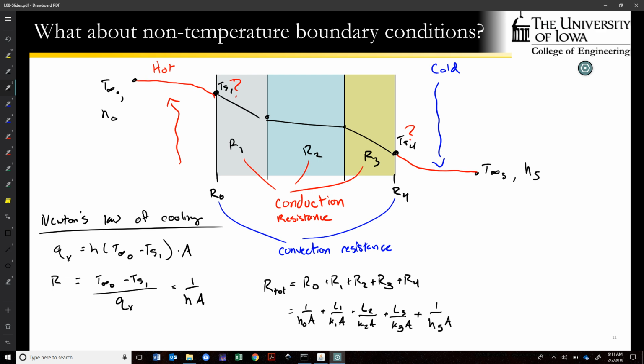So, assuming we know the convective heat transfer coefficients, H naught out here in the hot air and H5 out here in the cool air, and assuming we know the surface area, and the thickness and thermal conductivity of each layer of the wall, we have all the information we need to calculate the bulk heat flow through that composite wall. Or, if we know the bulk heat flow, for example, there's a problem on the homework where you have an electric motor that's generating a set amount of heat, regardless of what you do with that heat.